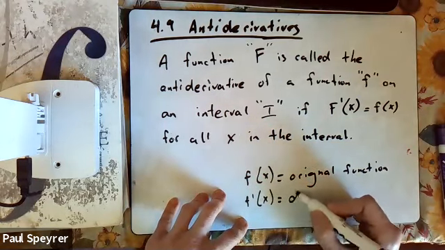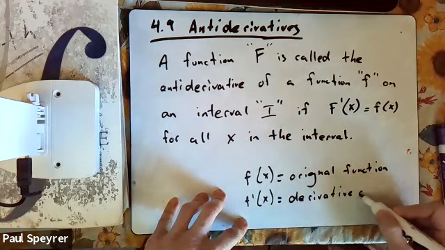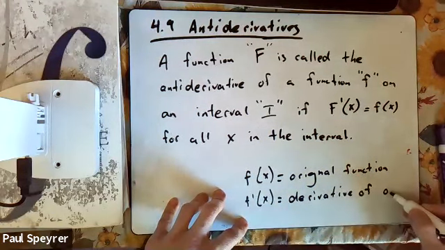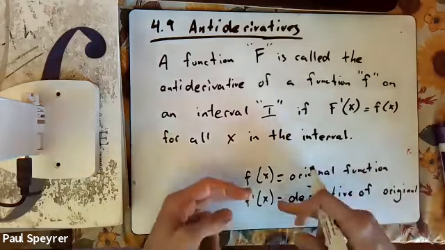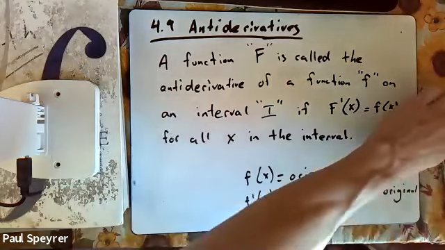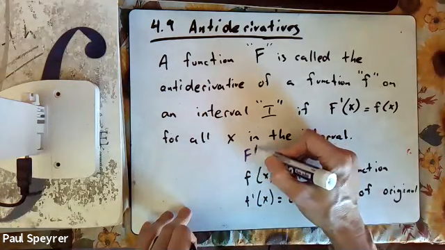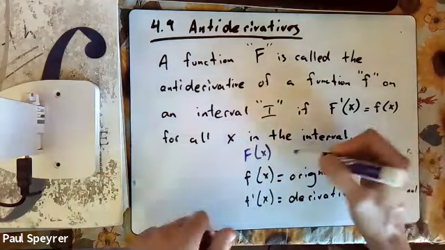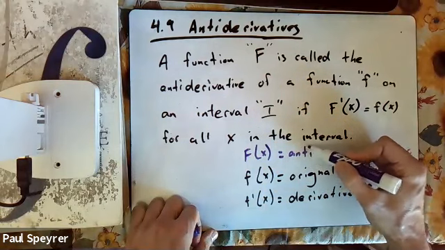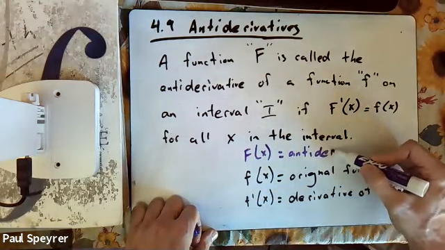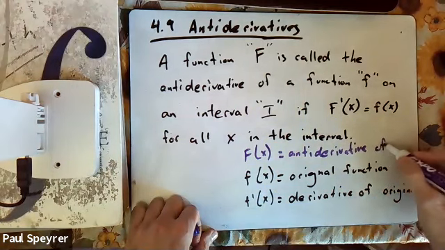So this is the derivative of the original. So instead of having one more tier beneath this, we can say, what if I have big F of x like this? That would be the antiderivative of the original.